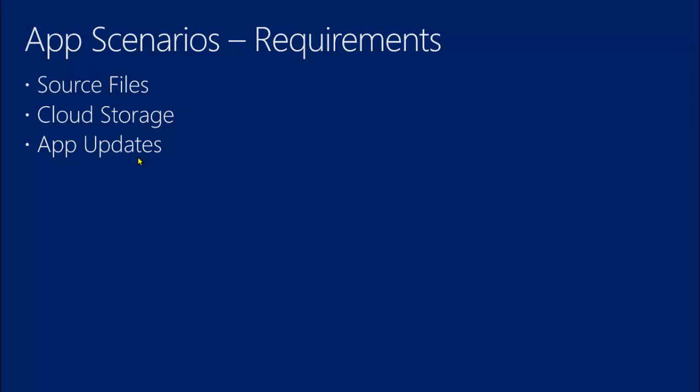No file in the source set can exceed 8 gigabytes. Now it can be bigger than 8 gigabytes collectively, but no single file can be over 8 gigabytes, right? And then in terms of the app updates, you're responsible for doing the app updates. It's your software, and so you need to supply the updates and so on.